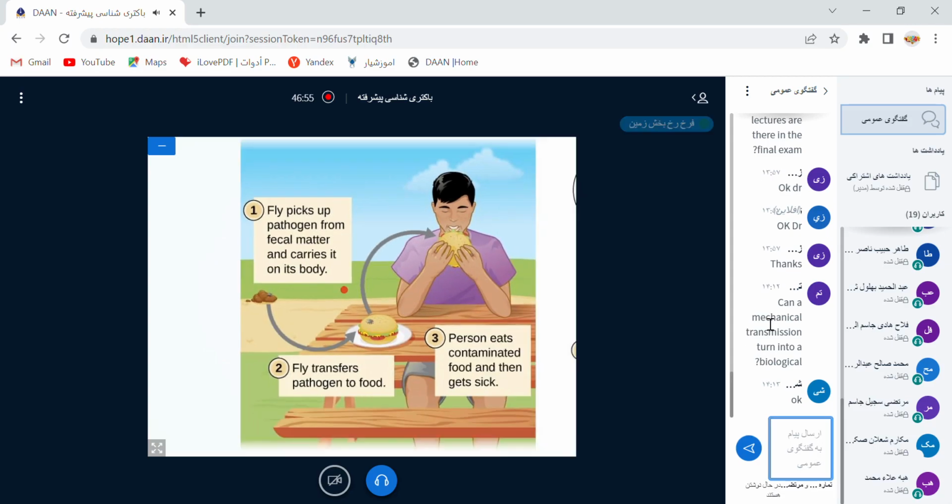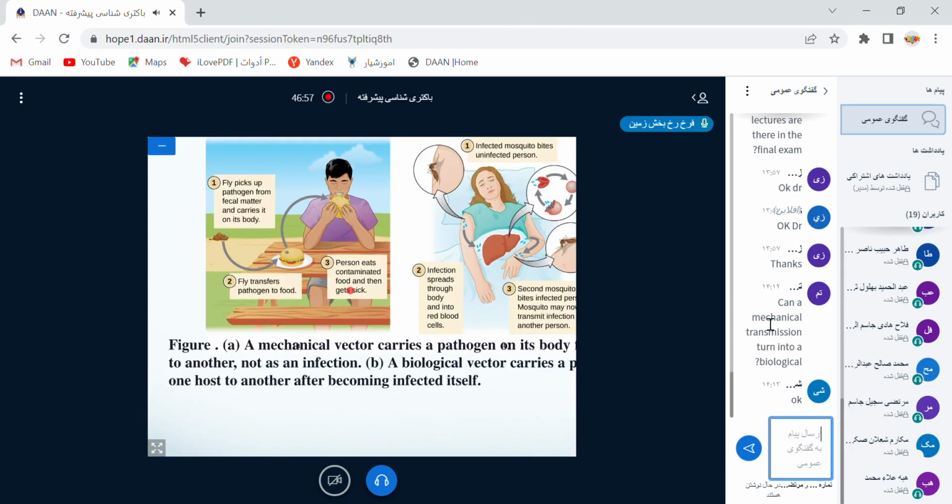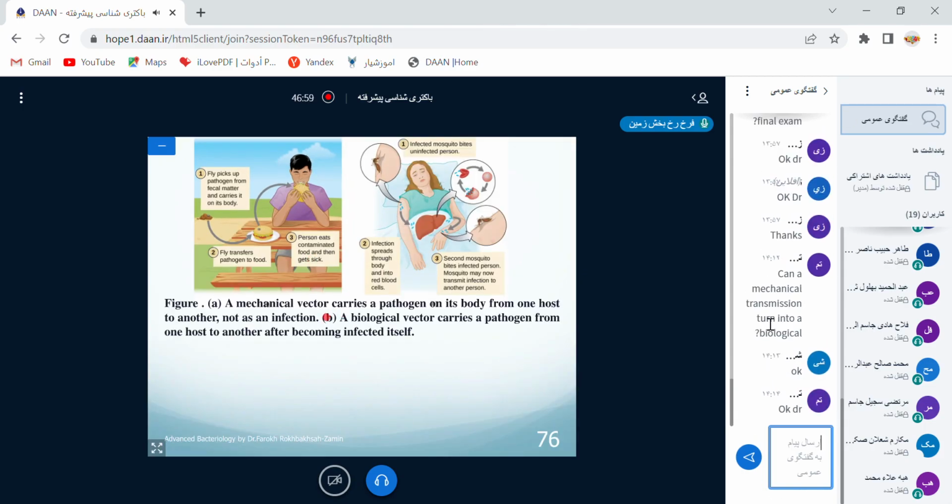It is not possible for some cases to be biological and some cases to be mechanical. A mechanical vector carries a pathogen on its body, not inside its body, from one host to another, not as an infection.